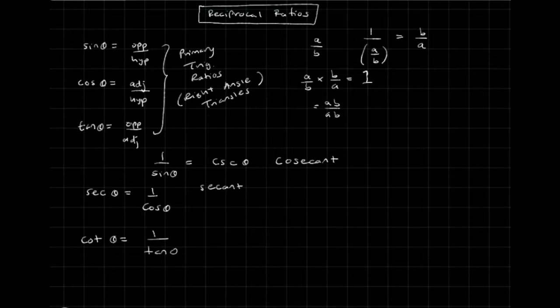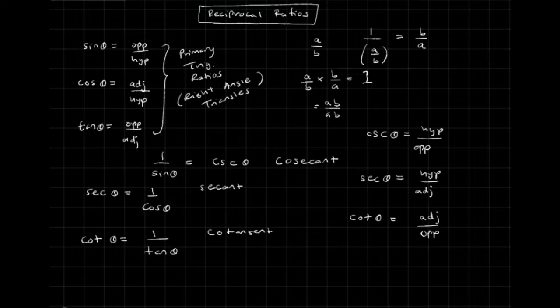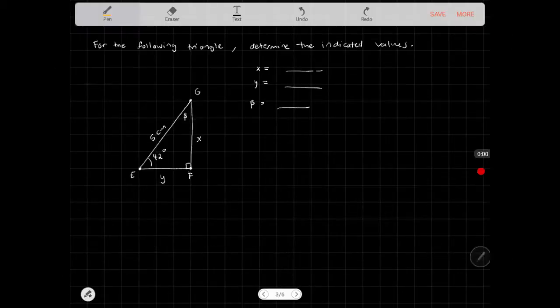Cotangent is 1 over tan theta, right? Using this definition, cosecant theta is the hypotenuse over the opposite side. Secant theta is the hypotenuse over the adjacent side, and cotangent is the adjacent side over the opposite side. Okay, so let's keep this in mind for further discussion.